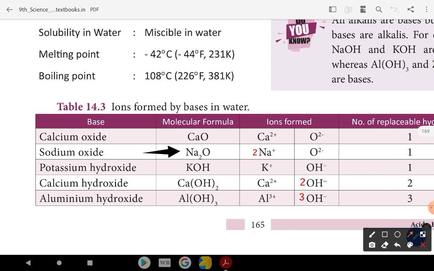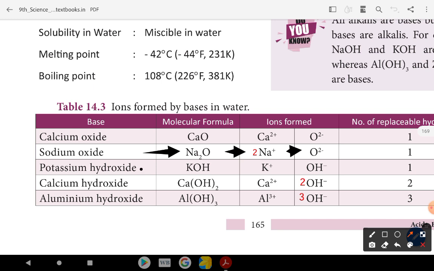So 2 charged particles of sodium will come out. You have to write the 2 in front, in your book. So 2 Na+ and O2-. How many replaceable oxides are given? Only 1.